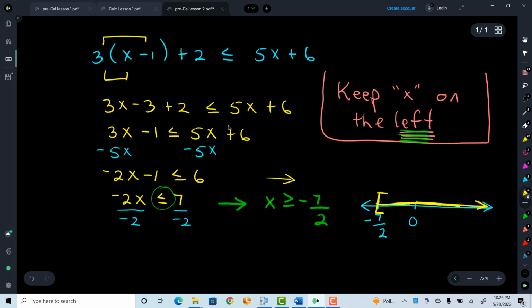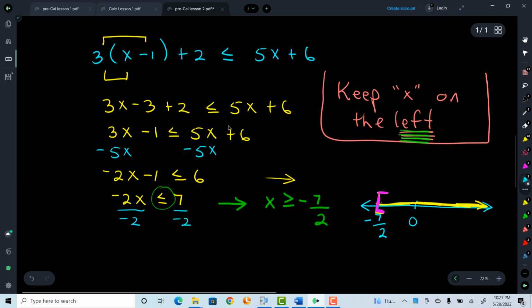This is the same thing as what we learned in Algebra 1 or Algebra 2, right? Of a closed circle pointing that way. But we're using the bracket. So the closed circle is a bracket, right? An open circle would be just like a parenthesis like that. So parenthesis means open circle, bracket means closed circle.